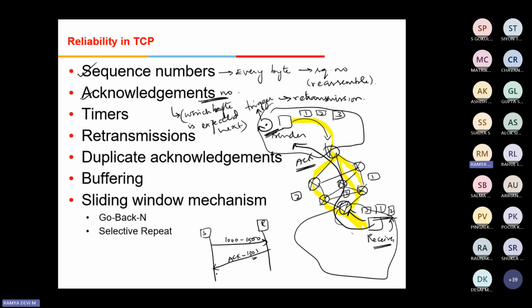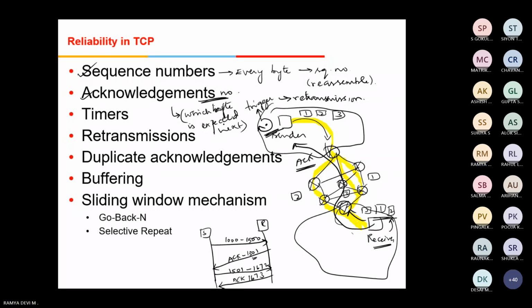Again, the sender is sending the next packet with the sequence number 1501 to 1672. What will be the acknowledgement number? 1673. Yes.